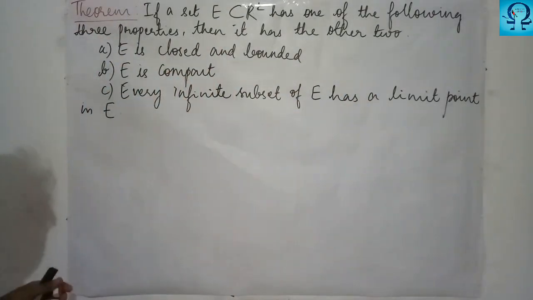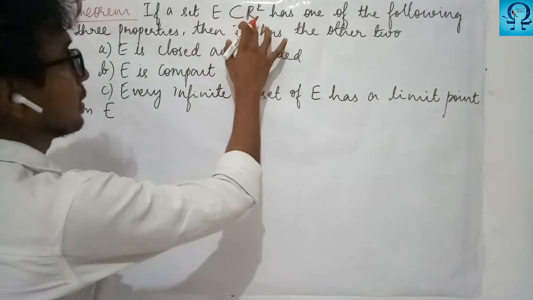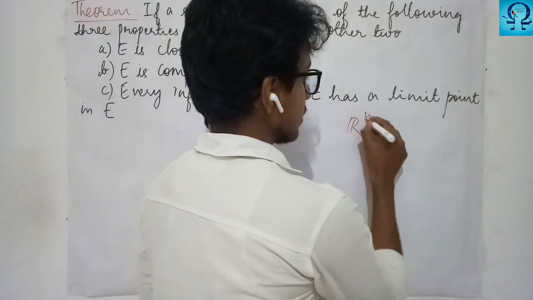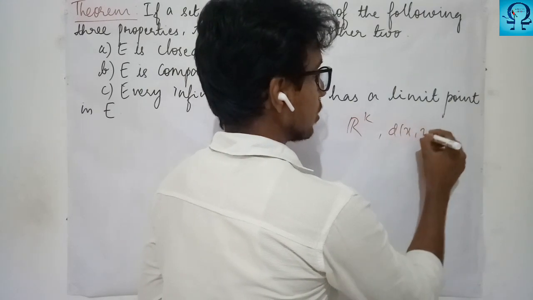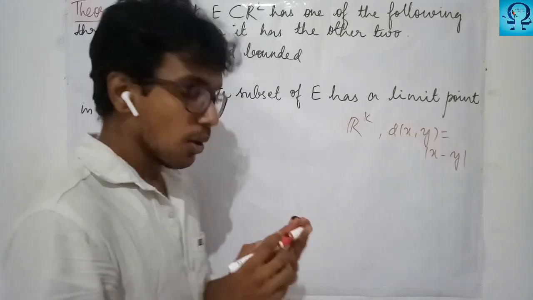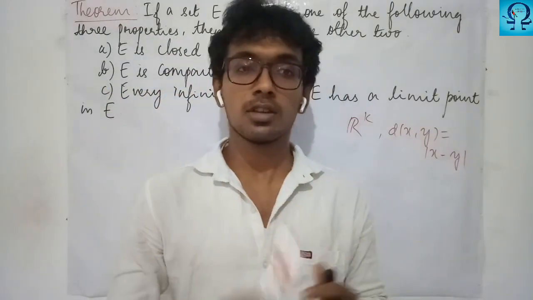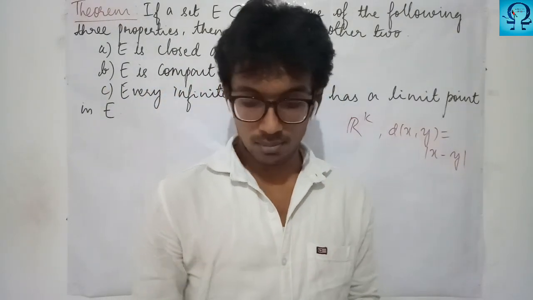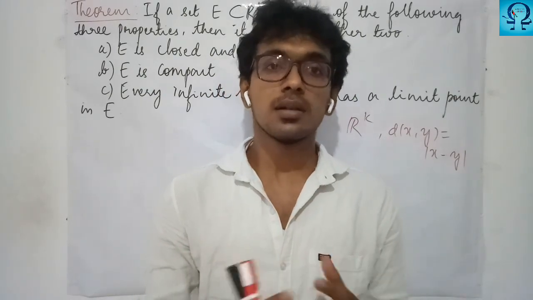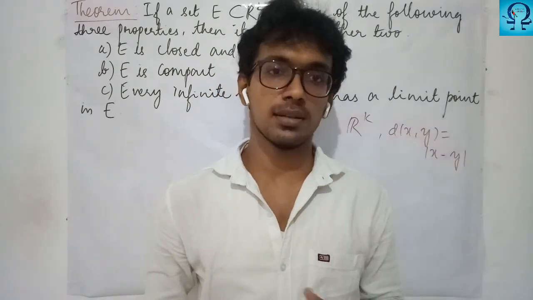Here, you may notice that we are taking a subset in Rk, which means this Rk is equipped with the standard Euclidean metric. Whenever a metric is not spoken in the theorem, it must be understood that it is defined with the standard metric on the particular set.